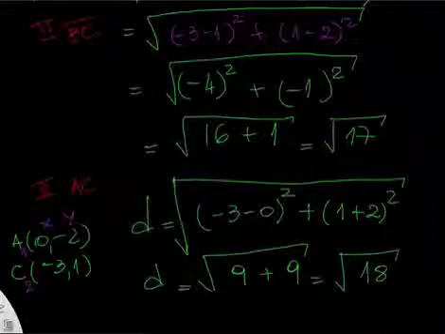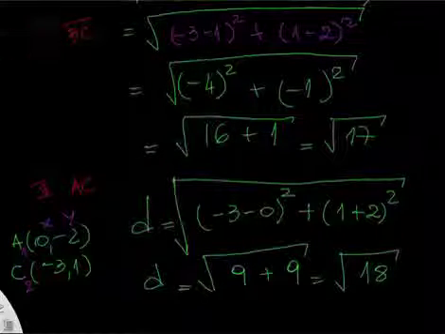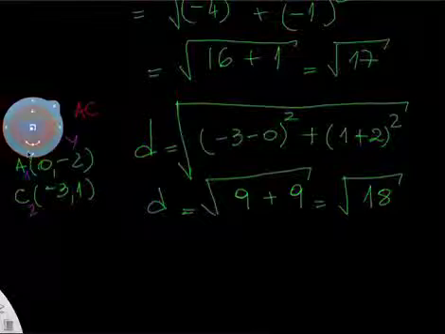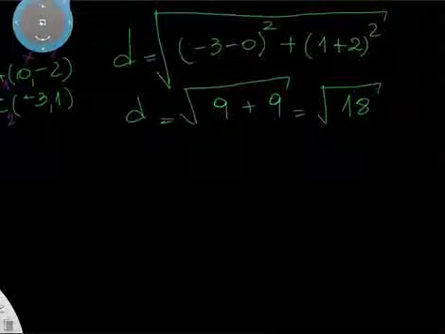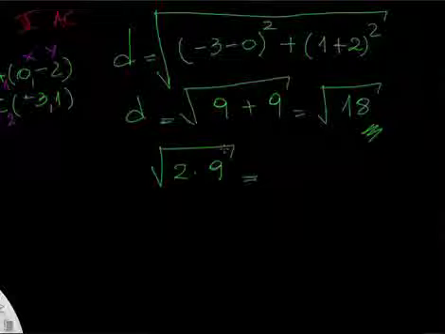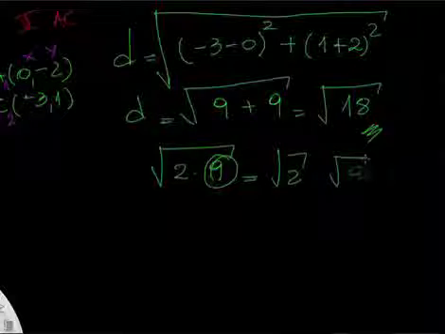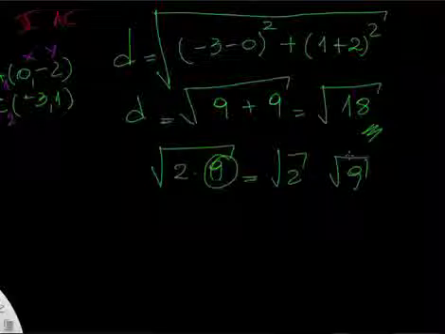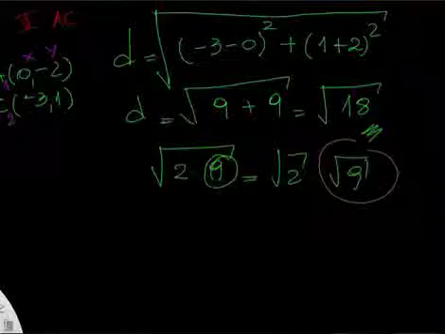And right away we can say this is an isosceles triangle. Don't forget to leave the radical in its simplest form. We know 18 is 2 times 9, and this 9 can go out of the radical, because using the properties, it is the radical of 2 times the radical of 9, and we know this is equal to 3.